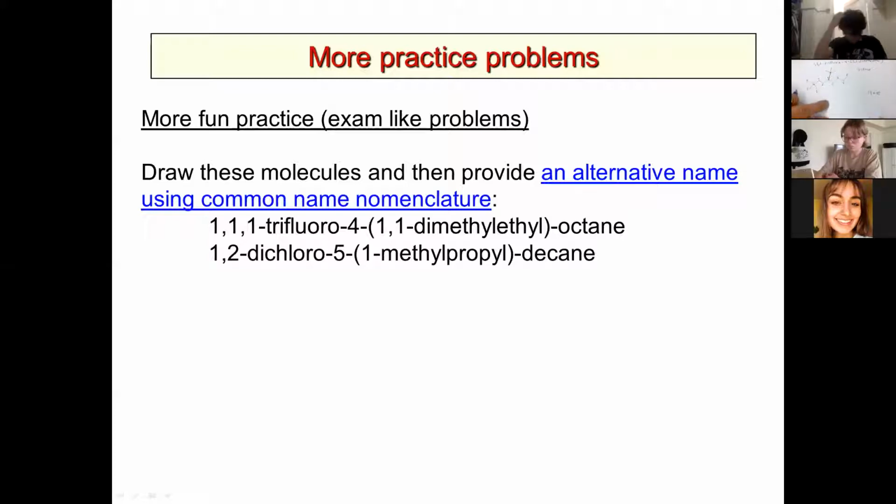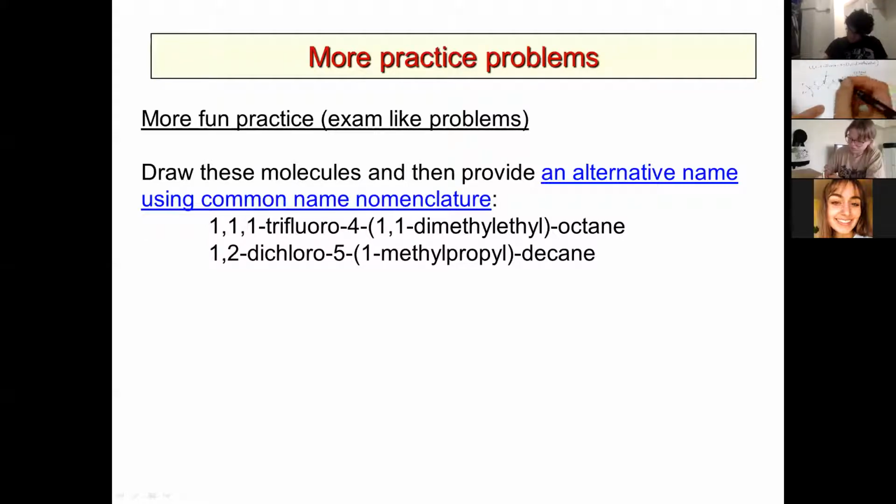All right, so we have octane, right? So the alternate name is not going to use 1,1-dimethyl ethyl. The alternate is going to use tert-butyl. So what I would do is on the left, write our substituents listed almost vertically.